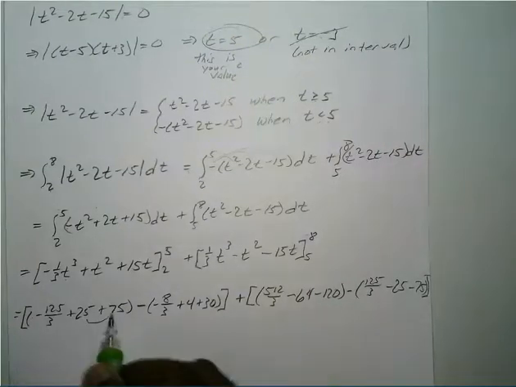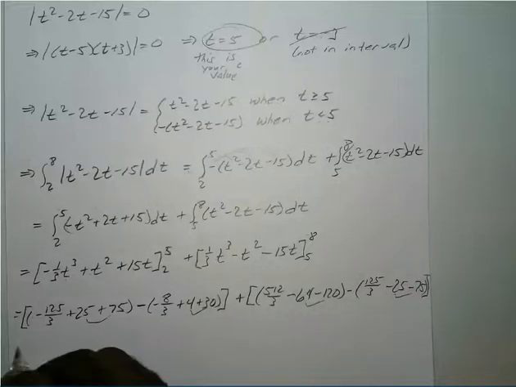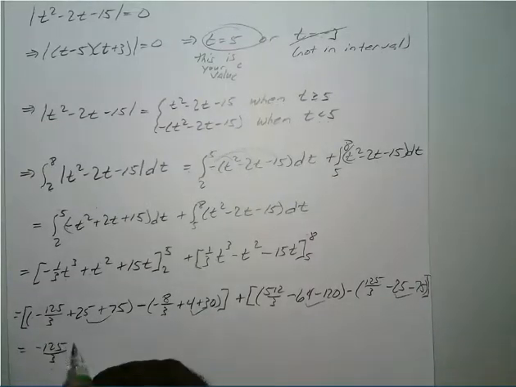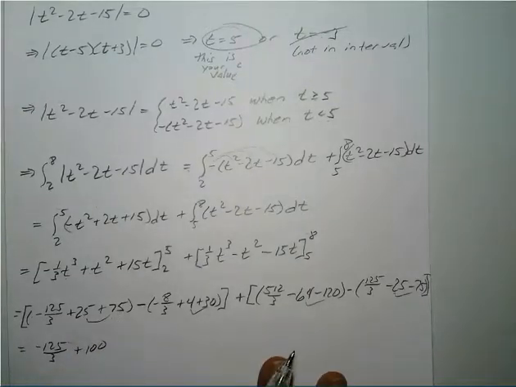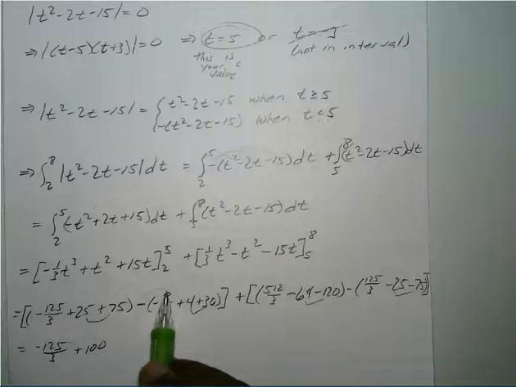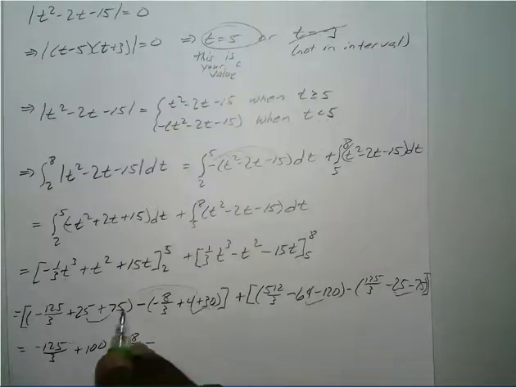Okay, so if we go ahead and combine those, and those, we end up with negative 125 over 3 plus 100, 25 and 75. And we distribute that minus, so it's plus 8 over 3 minus 34, because that would be plus 34, then minus.